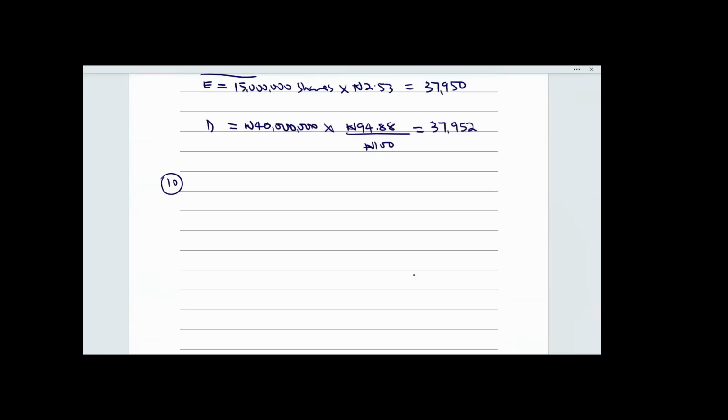Now, I explained to you, whenever you want to compute PV of financing effects, you need to decide whether you want to use gross finance required or net finance required for the cash flow arising from net subsidy and tax saved on interest. I advise you that at all times, always use the gross finance required, except the examiner says otherwise. In most cases, the examiner will ask you to use gross finance required.